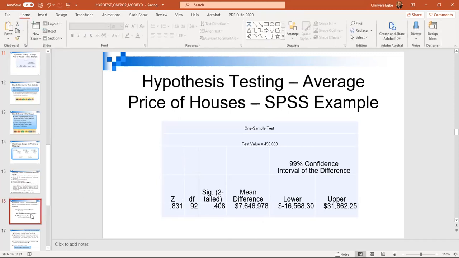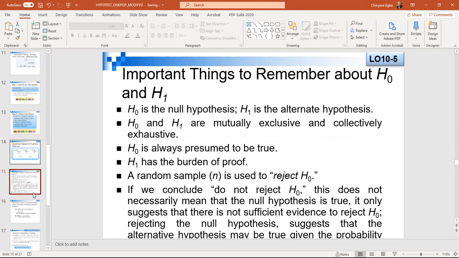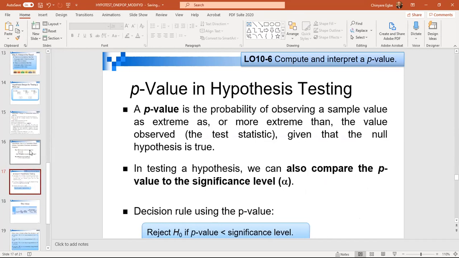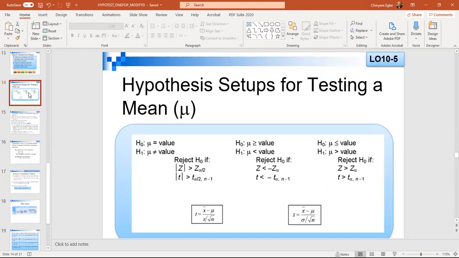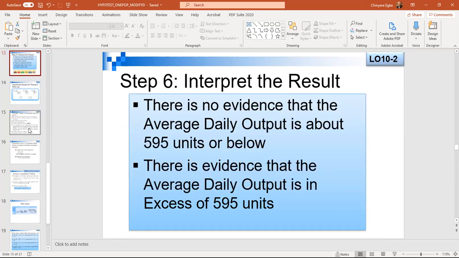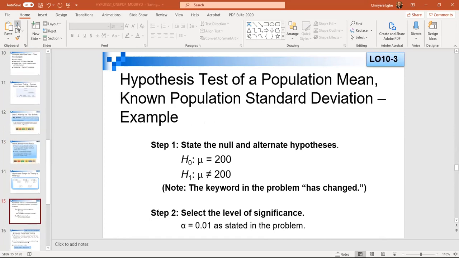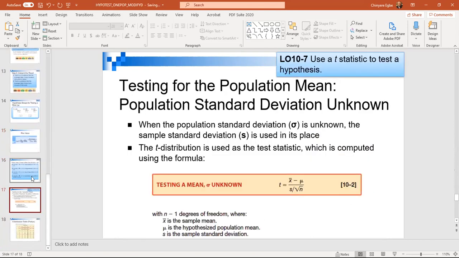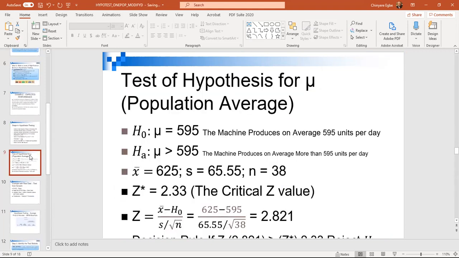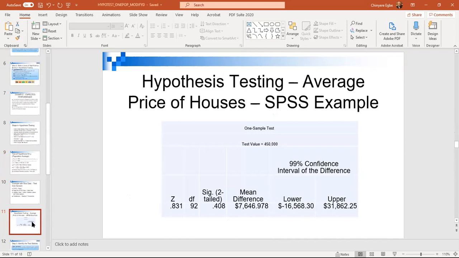So now if you were to do a test of hypothesis, what would you do? You have a Z value of 0.831, am I correct?